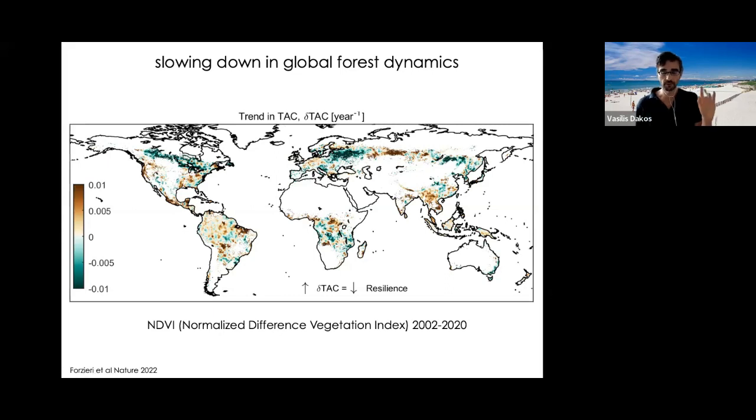This is only forest. The previous study that I described to you was overall vegetation, any type of ecosystem where you could find vegetation. Here we focus on forest because by doing this, you know better how forest behaves. So this is just a mapping where you can see again this huge heterogeneity, places where in the last 20 years there was more or less slowing down, that change in autocorrelation.